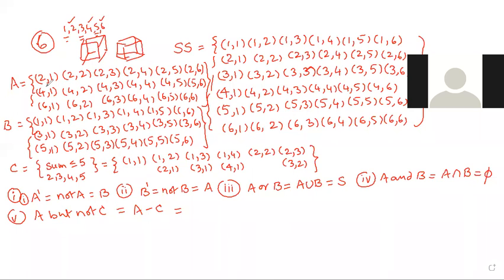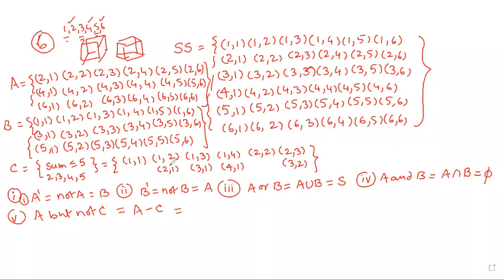In A events, what is the difference we have to cancel? In C events, (2,1) cancel, (2,1) cancel. Okay?